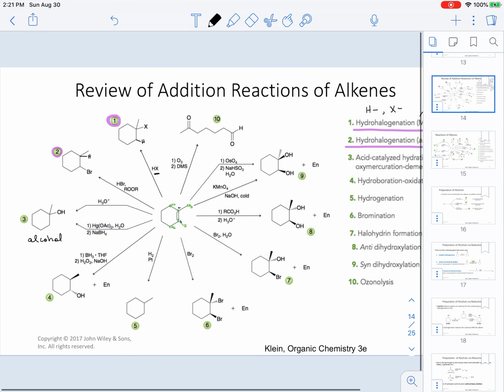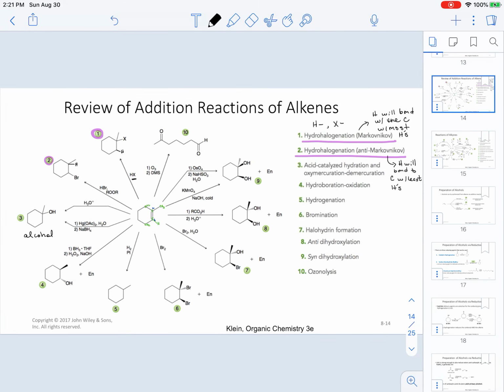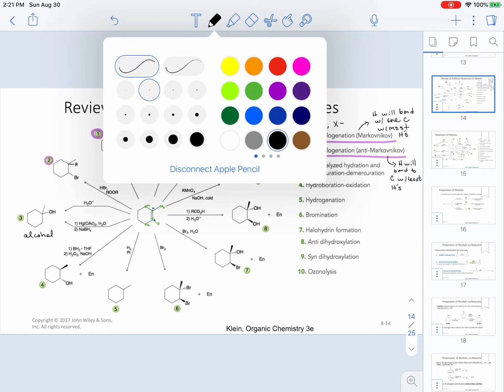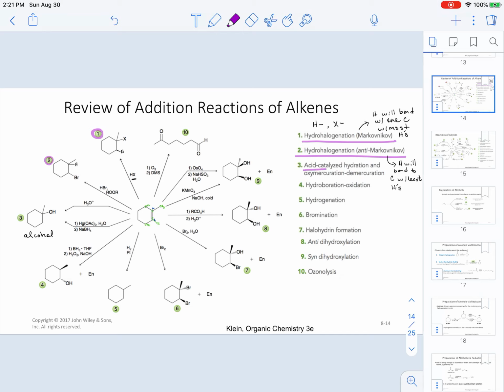Let's continue. The next reaction that we have is the acid catalyzed hydration, or the oxymercuration demercuration reaction, which is reaction 3. There are 2 reactions in reaction 3. Understand that the product of each of those reactions is going to be an alcohol.